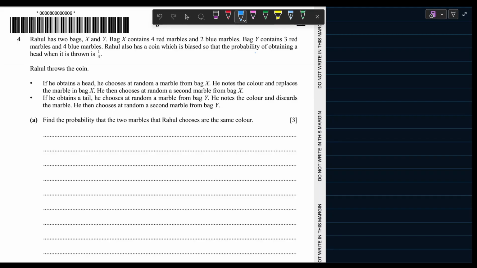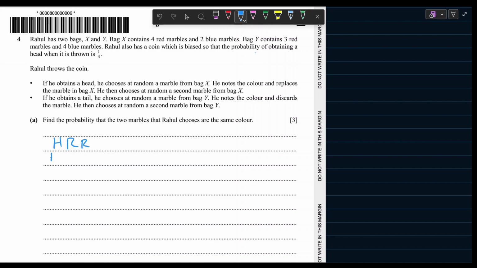So, what are the scenarios we can have? We can have that Rahul picks up a head, which means that he's choosing a random marble from bag X. So let's say the first pick is going to be a red marble, and then the second marble that he picks will be a red marble again. This is one possible scenario.